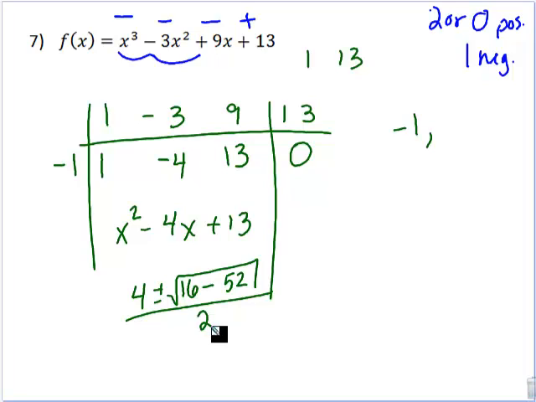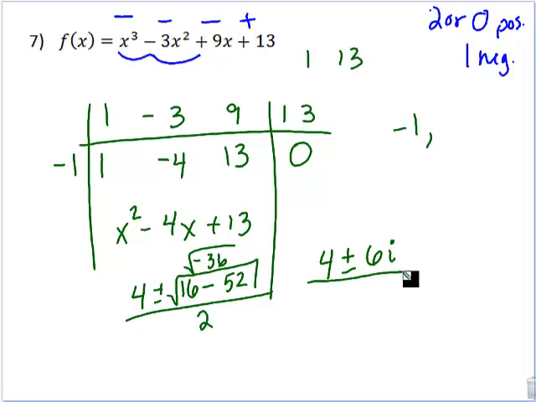All right, 16 minus 52. Yep, negative 36. So that means we really have 4 plus or minus. What's the square root of negative 36? 6i, because it was negative.